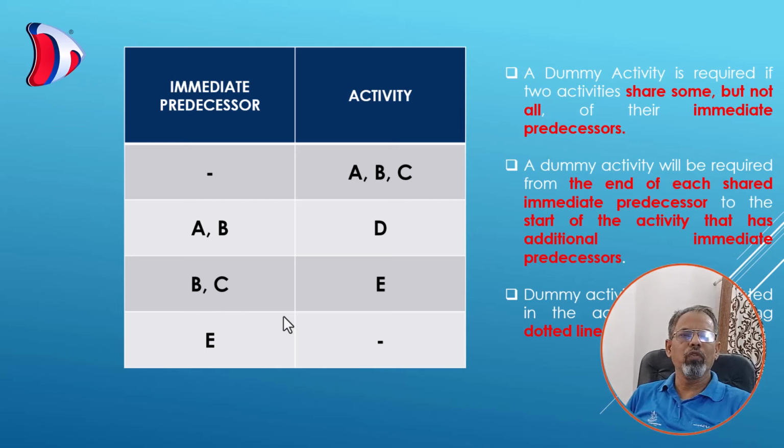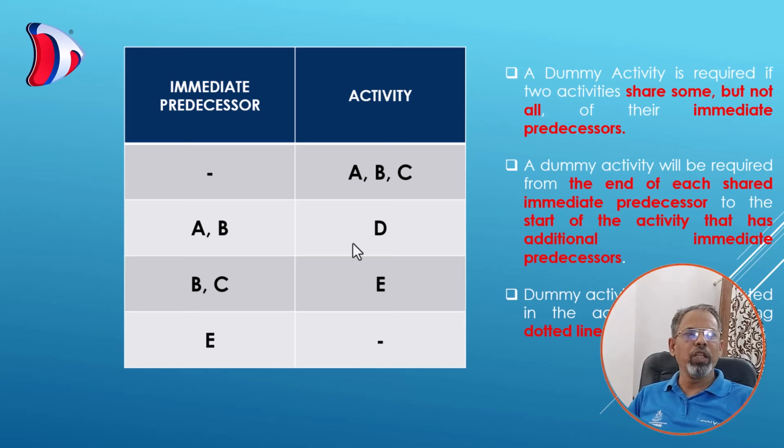So we recreate the precedence table wherein the first column now takes the place of the immediate predecessor, and the next column is of the activity. The purpose of reshuffling the sequence of columns is to show a correct sequence of activities and their predecessors.